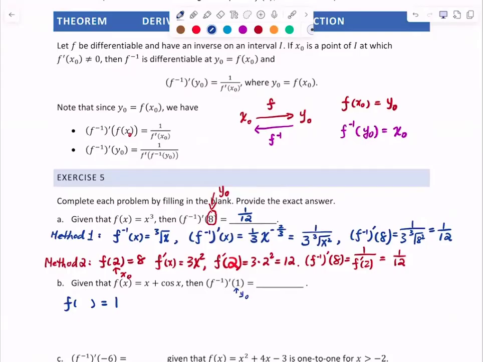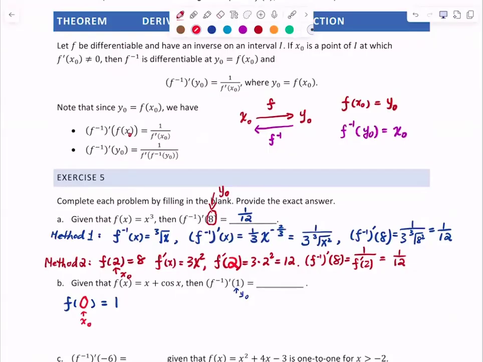Cosine has to have a nice value, otherwise you get a root or you don't even know how to get it. So think about special values. Cosine of 0 is what? Don't solve for it, because it's hard. f of 0 is 1, and this 0 is like the x naught in the formula.